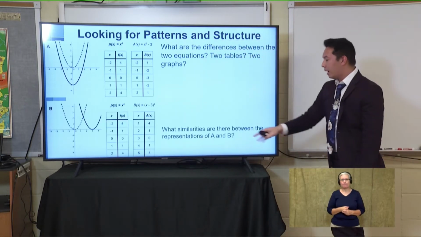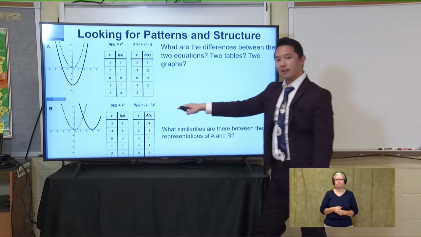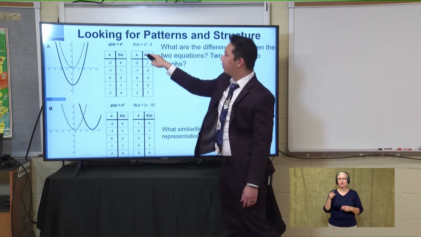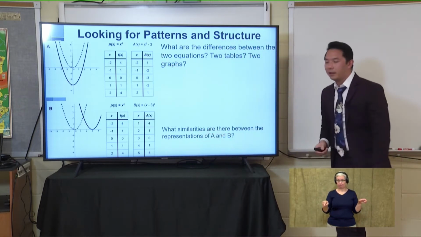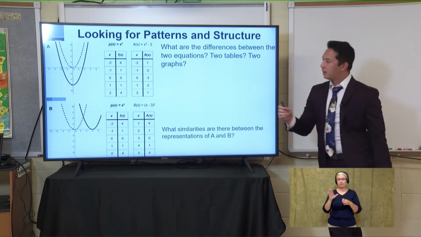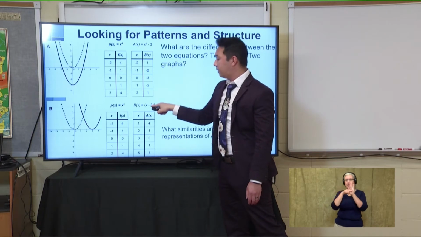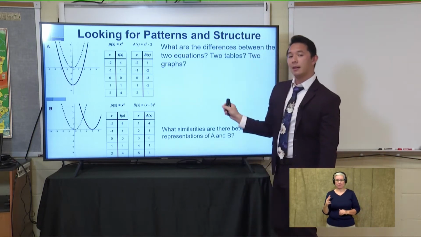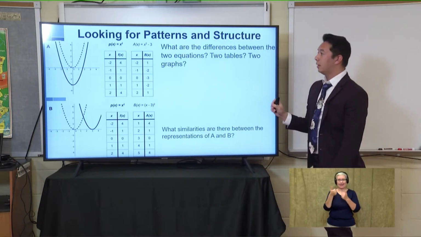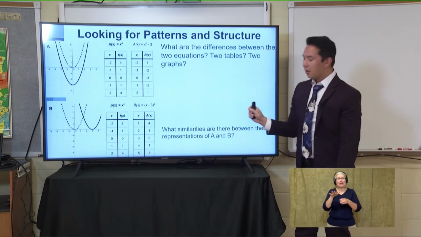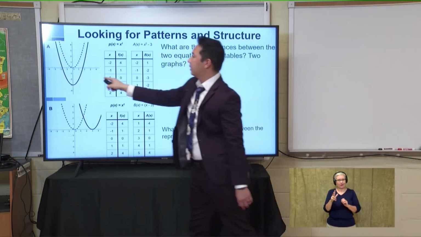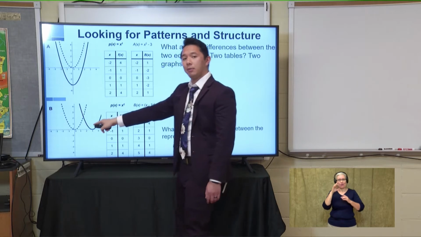And I want you to compare this set of representations in B to A. What similarities are there? And specifically, I want you to pay attention to the fact that this -3 and this -3 are both in each equation. However, the location of that -3 has affected how our graph has moved.